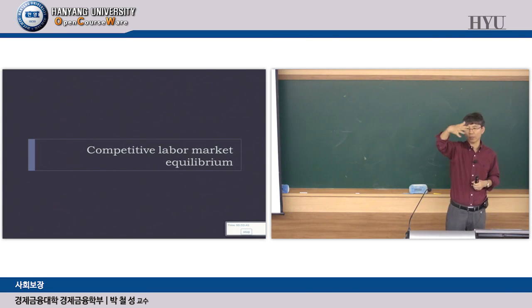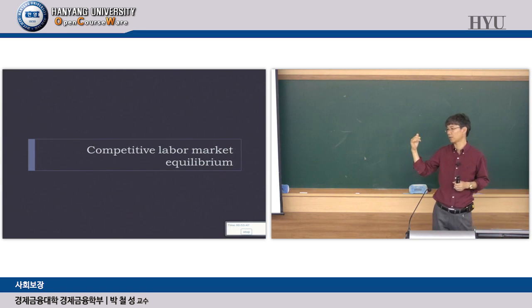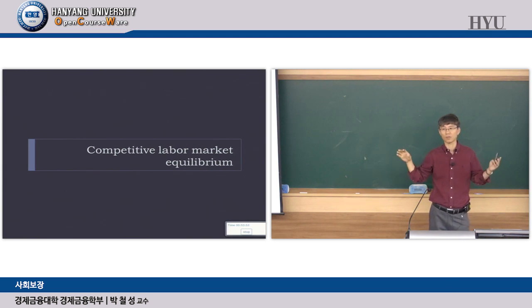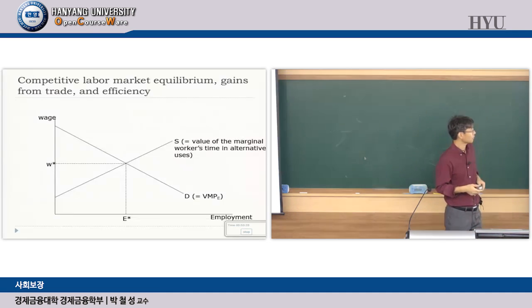So in the labor supply curve, what you have seen is that for each wage level, how much labor will be supplied. And then for labor demand, what you have seen is that for each wage rate, how much labor will be demanded by the firm. Okay? And actually, it doesn't tell you what happens in the market.